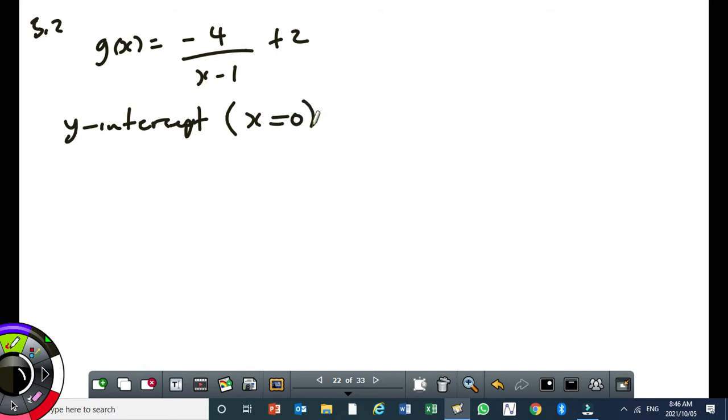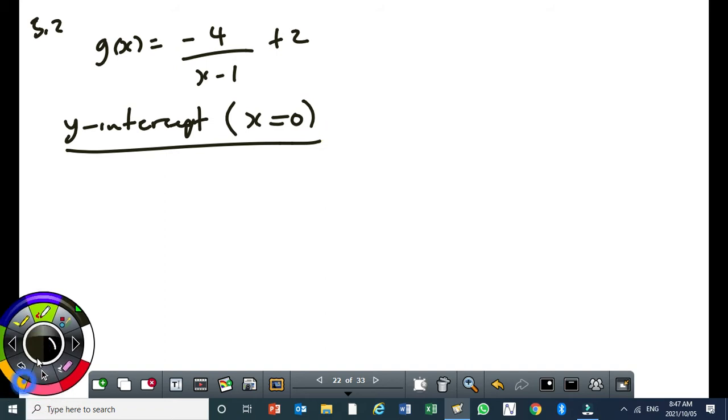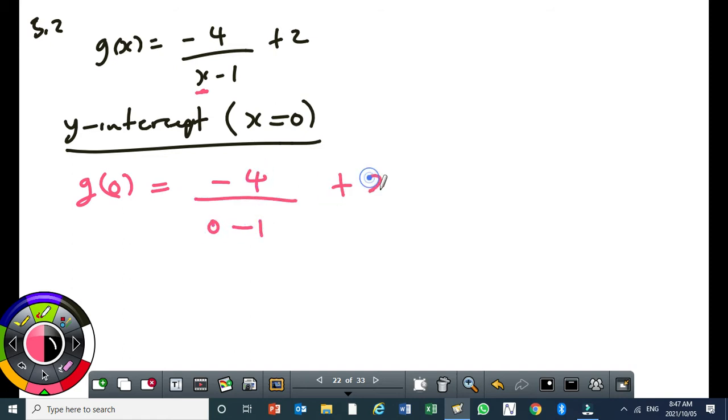By now, I expect you to be aware that to get the y-intercept, you substitute x equal to 0, and that should not be difficult to do. Okay? You should not have an increase in heartbeat because you are supposed to find an intercept. No. Y-intercept, substitute x equal to 0. So g of 0 will be equal to minus 4 over 0 minus 1 plus 2.